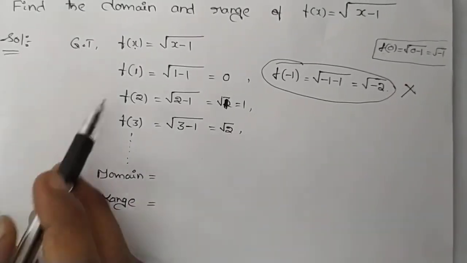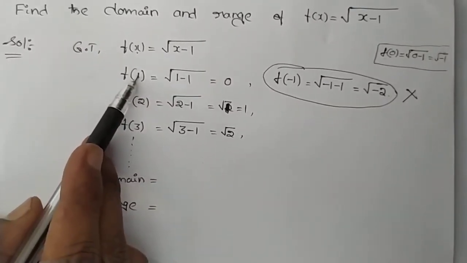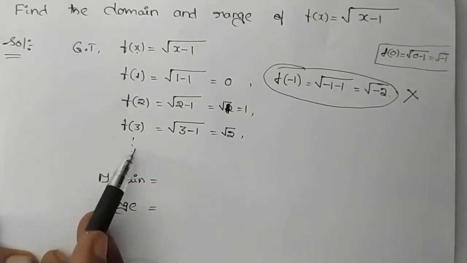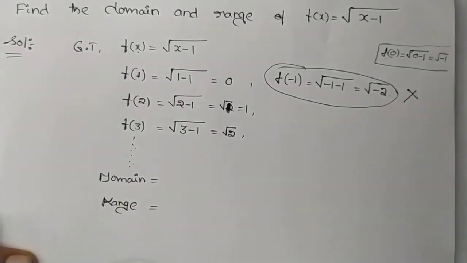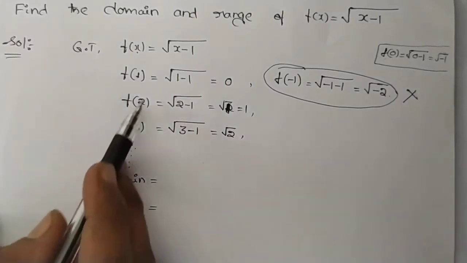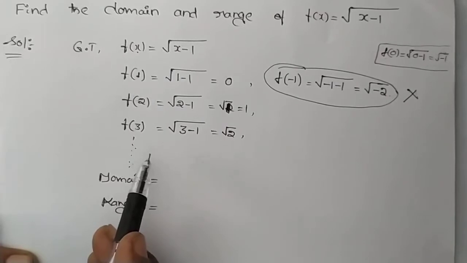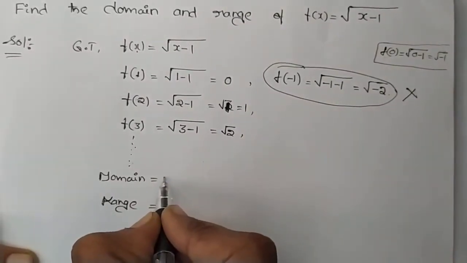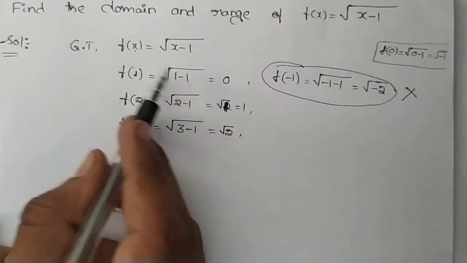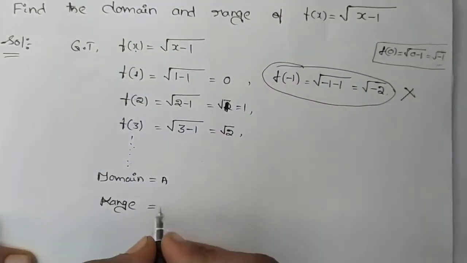First, domain. You just observe. Here we have taken the values 1, 2, 3, 4, 5, 6, 7, 8, 9, 10, 11, 12, 13, 14, and so on. I mean all positive real numbers. Is 0 included? We are not taking 0, isn't it? If we take 0, then we will get a complex number.